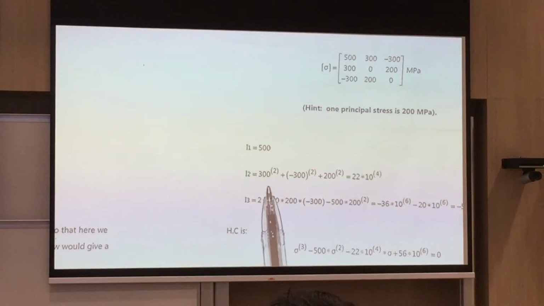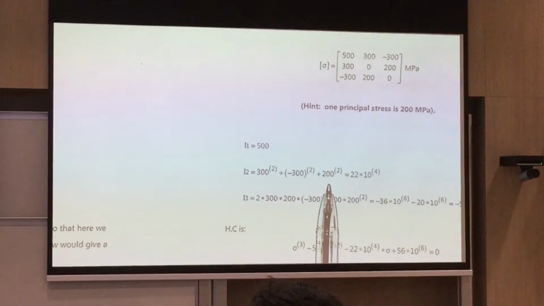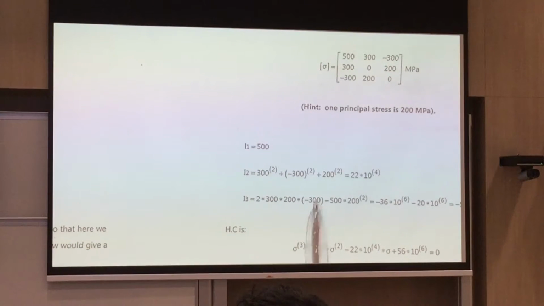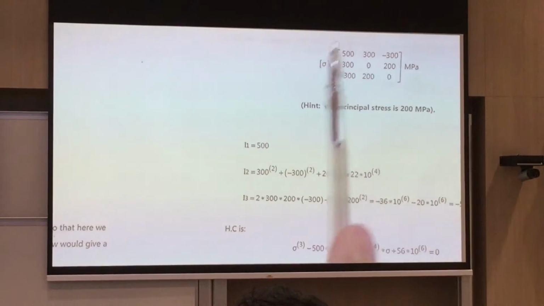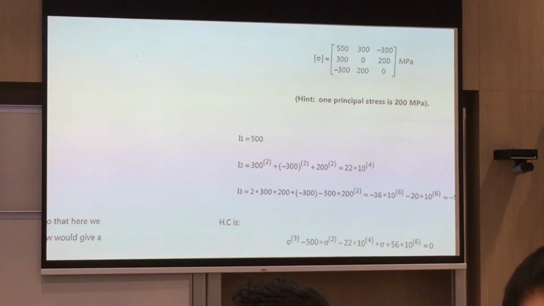And then what about this one? The sum of the squares of your shear stresses: sigma 1,2 squared, sigma 2,3 squared, sigma 1,3 squared. So these are the sums of your shear stresses. What about this one here? This one is the determinant of this one here. I1, I2, I3.